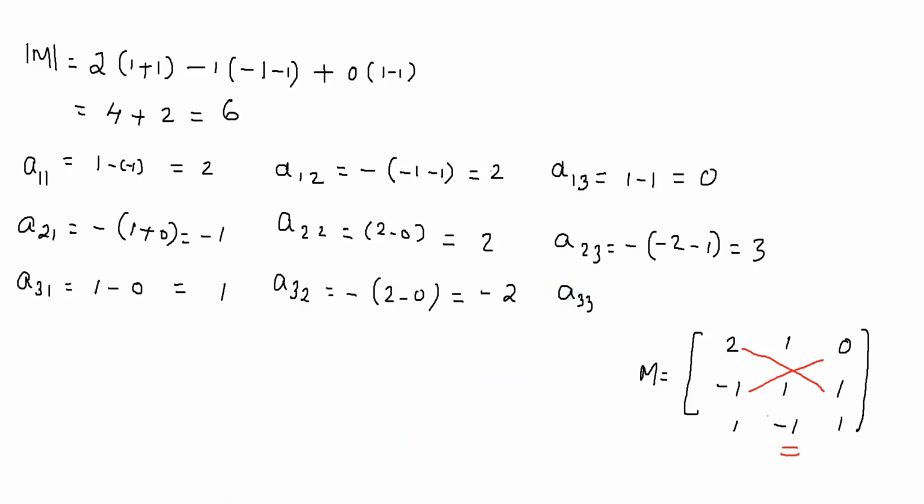Cofactor of A33, here the minor of A33 is 2, 1, minus 1, 1. After cross multiplying, we get cofactor of A33 as 2 plus 1, which is equal to 3. Adjoint of modal matrix is the transpose of the cofactor matrix.